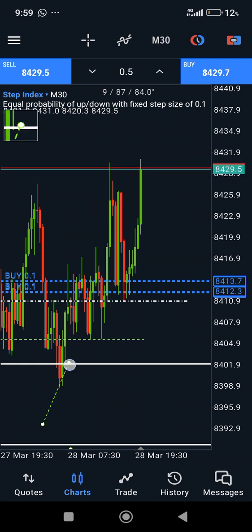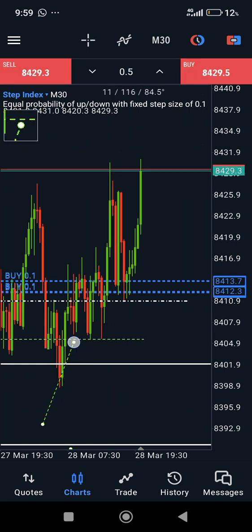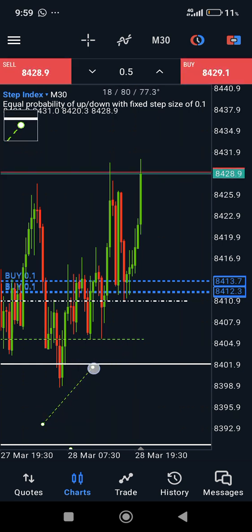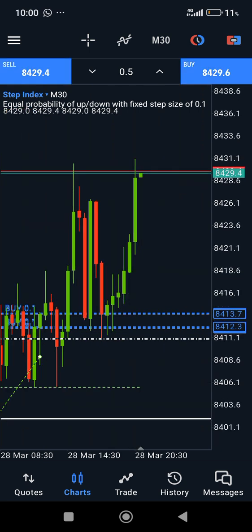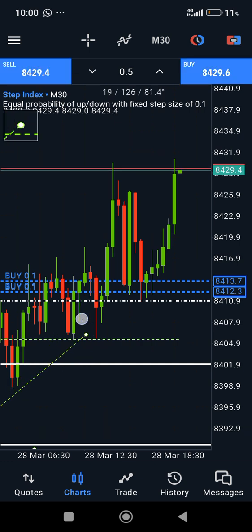Yeah, I think when this red candle came back right about here was where I was planning to enter again, but I couldn't do that. So I waited to see this bullish candle, this guy here.